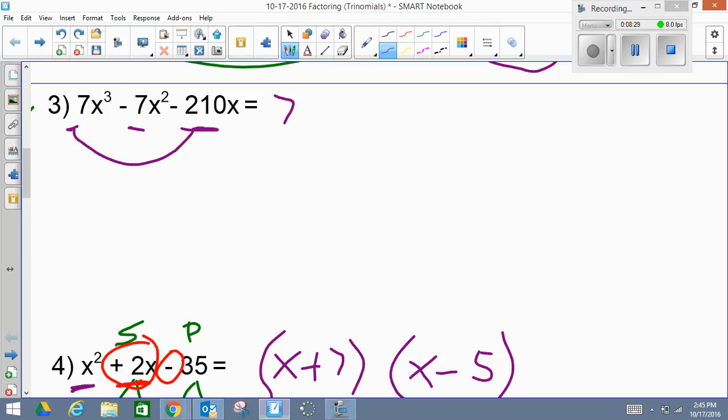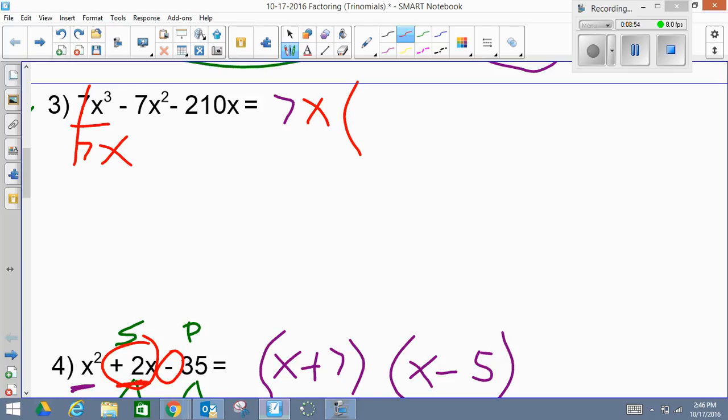Is the x a common factor? Here, there, and there. So it's a common factor. Choose the one with the lowest exponent. Nothing else, so I open my parentheses now, and I'm going to start solving. 7x cubed divided by 7x. My answer, the 7's cancel out.